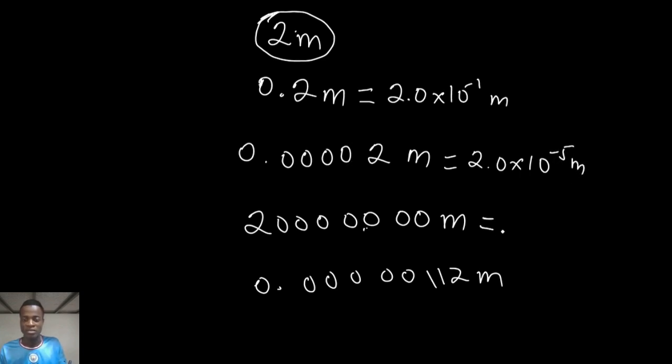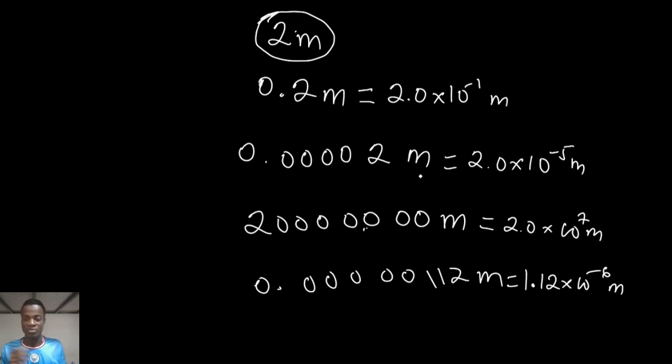And if you change this one, it is 2.0 times 10 to the power 1 2 3 4 5 6 7, so that's 7 meters. Then we have 0.0000112, and we come here. In scientific notation, 1.12 times 10 to the power negative 6 meters. So we just transform it to scientific notation.